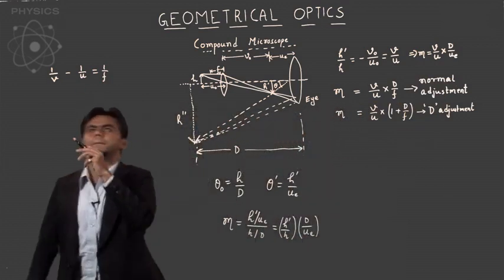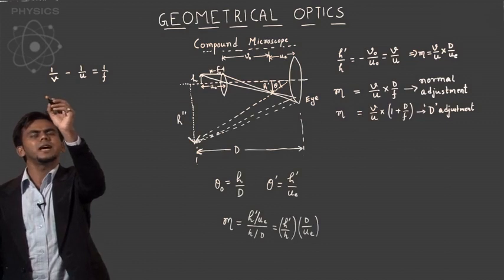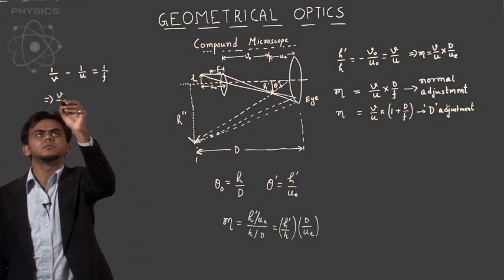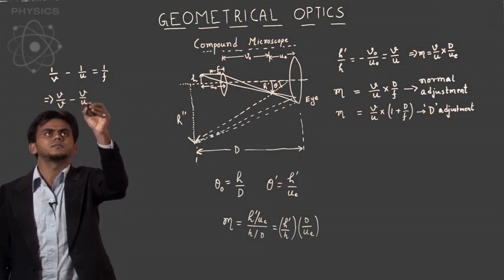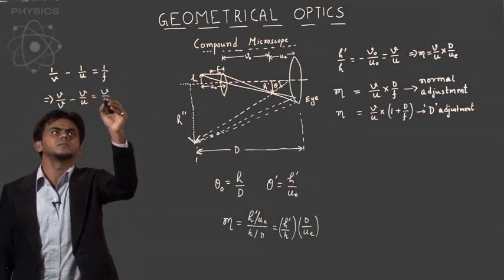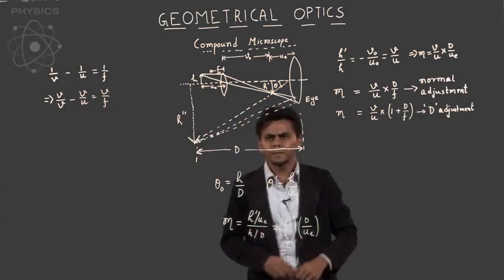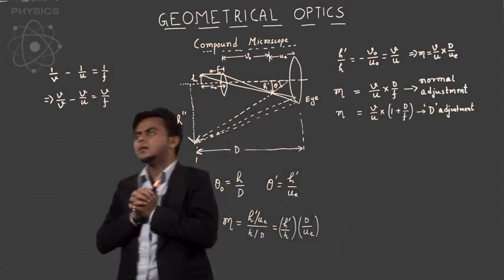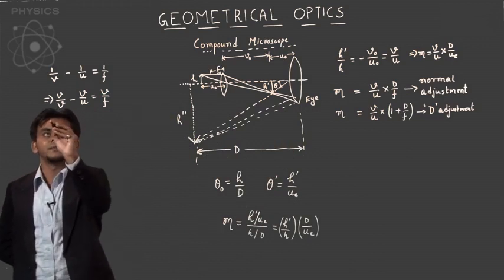Now what I need is V by U. If I multiply this with V all over, I'll get, just think about it, what exactly V over here would be. It is essentially related in a way. How?